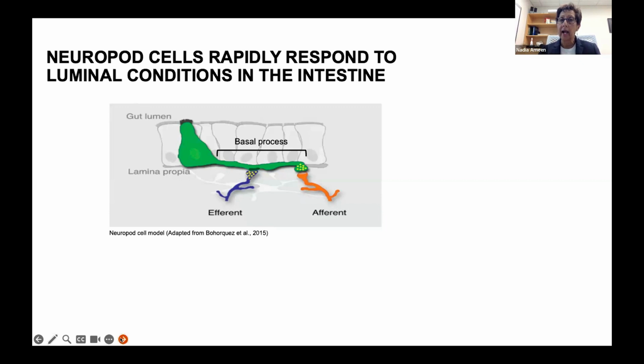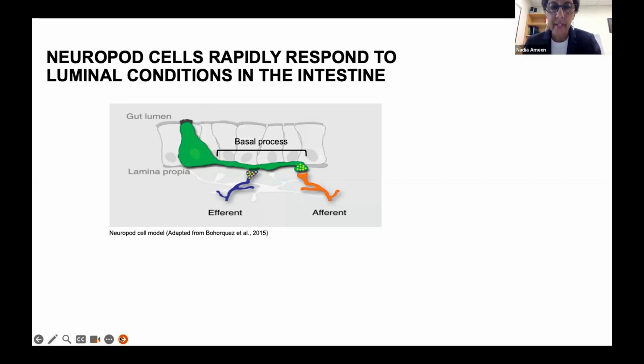They have a specific morphological appearance: there's a brush border on the cell, but the cell has a long basal process with synaptic vesicles at the base that interact with the efferent and afferent nervous network and the enteric nervous system that interacts with the brain. There's rapid synaptic transmission that allows these cells to sense luminal contents in the intestine and interact with the nervous networks of the brain.